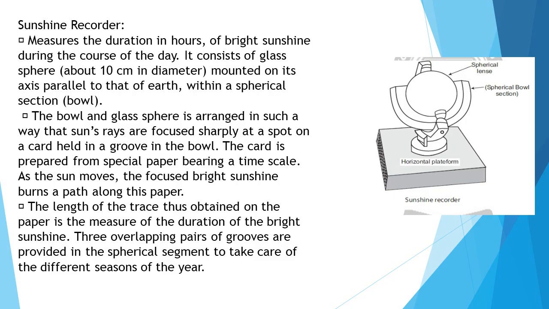The card is prepared from special paper bearing a time scale. As the sun moves, the focused bright sunlight burns a path along this paper. The length of the trace thus obtained on the paper is the measure of the duration of the bright sunshine. Three overlapping pairs of grooves are provided in the sphere segment to take care of different seasons of the year.